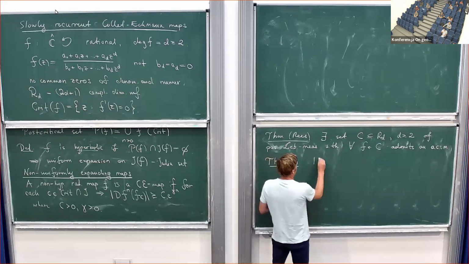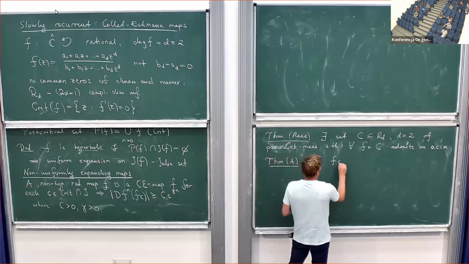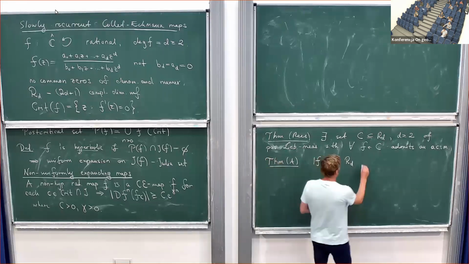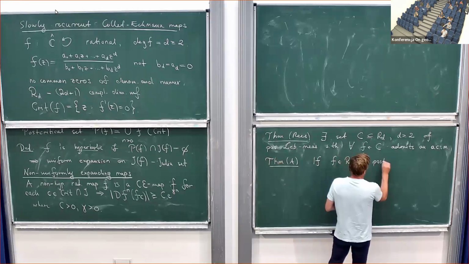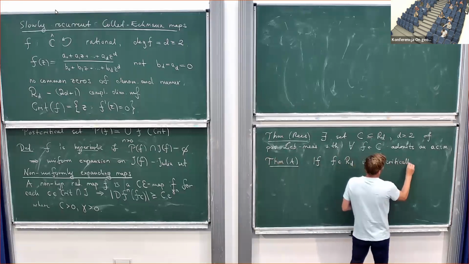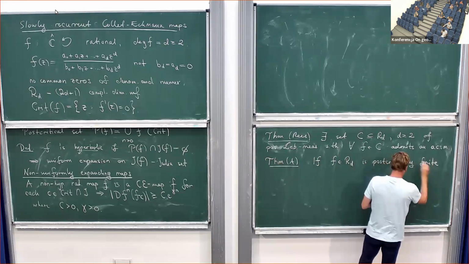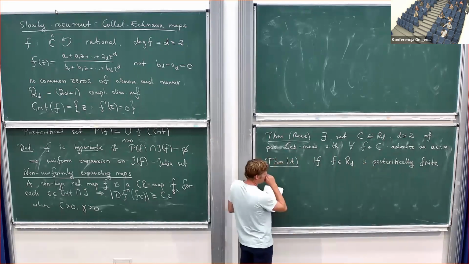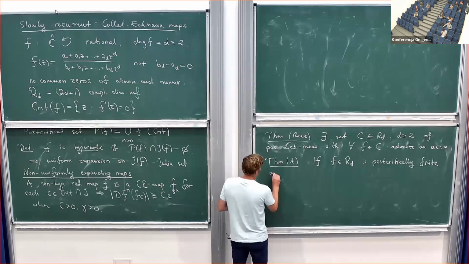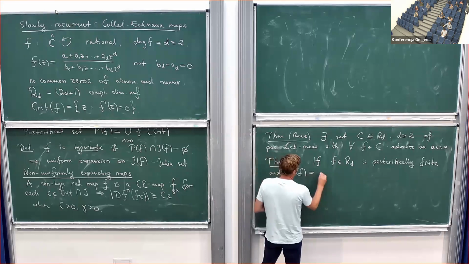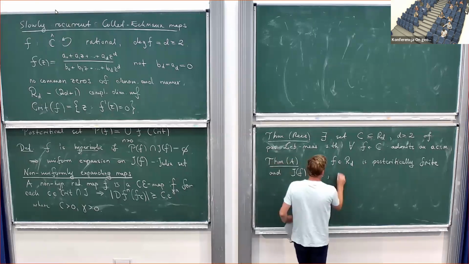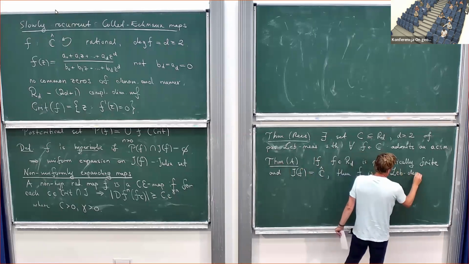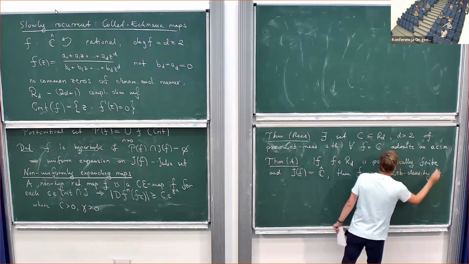It is formulated like this: if F is a rational function that is post-critically finite, as we have defined already before, so the post-critical set is finite, and the Julia set of F is the whole Riemann sphere, then F is a density point of these Collet-Eckmann maps.